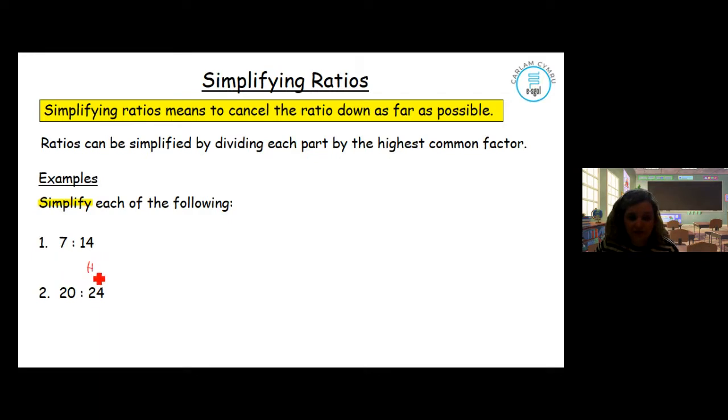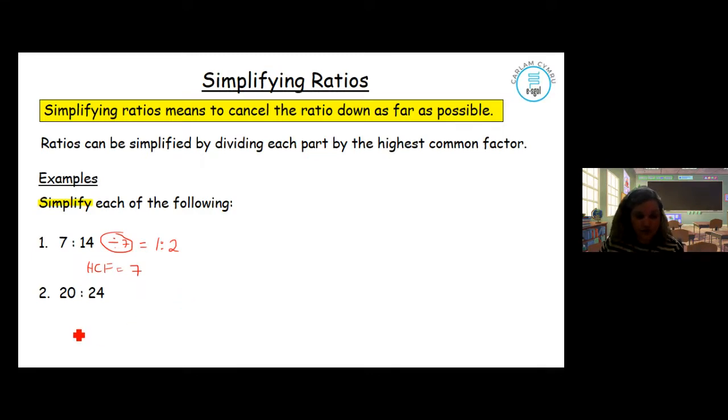So the highest common factor, the biggest number that goes into 7 and 14, is 7. I'm going to divide both parts of the ratio by 7, giving me a simplified version. How many 7s go into 7? 1. Then how many 7s in 14? 2. So it gives me a ratio of 1 to 2.